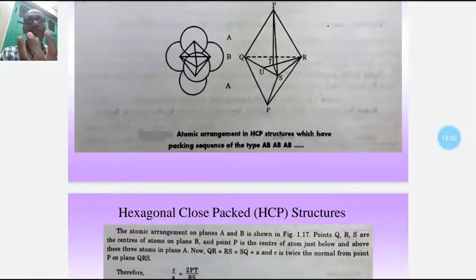So in plane B, that means the interior atoms, where the 3 interior atoms are there, that is considering one plane.